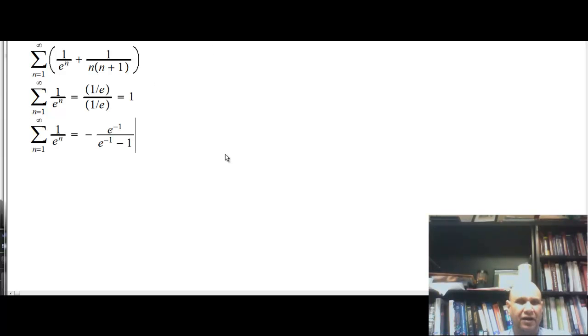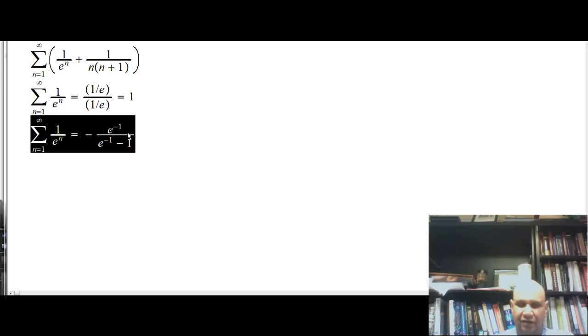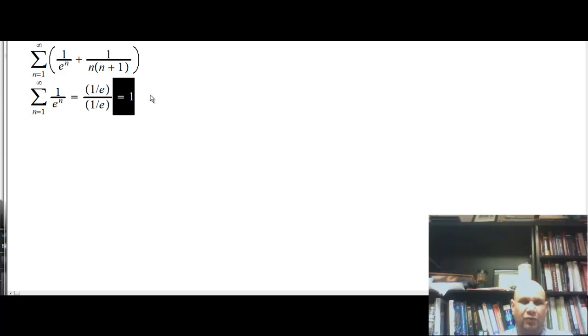Let's see if we can easily compute the sum of the other part. Okay, just a second. I have no idea why I did that. So that was 1 over e minus 1, right?